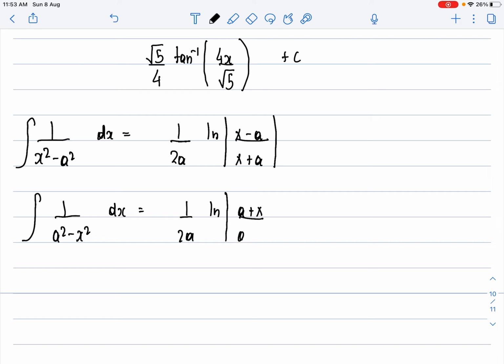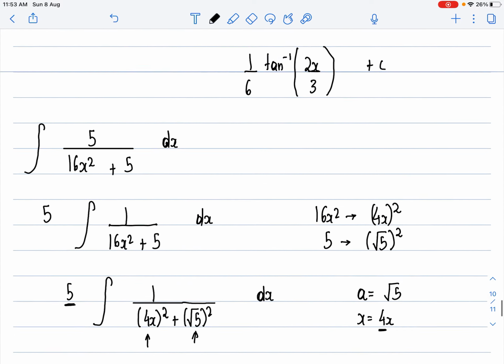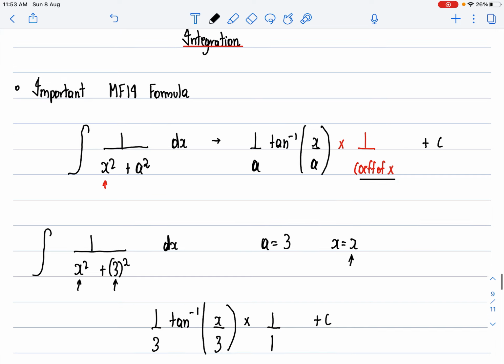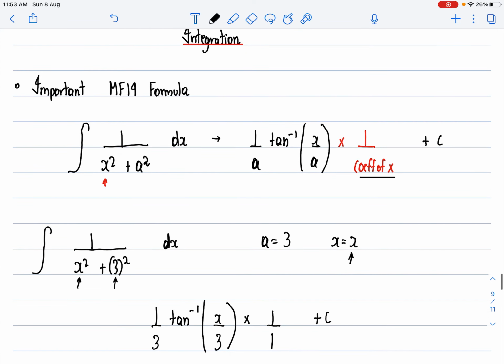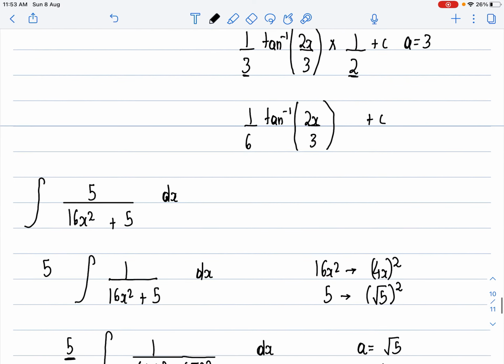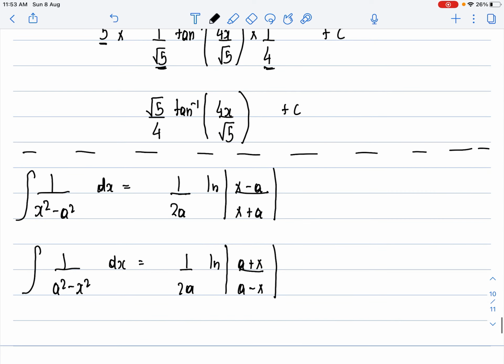Divided by a minus x. So basically these two formulas here below the line are very rarely asked. The most important is actually the first formula, which is basically the 1 over x square plus a square form. That is very important to understand. So basically these are the identities which we've covered.